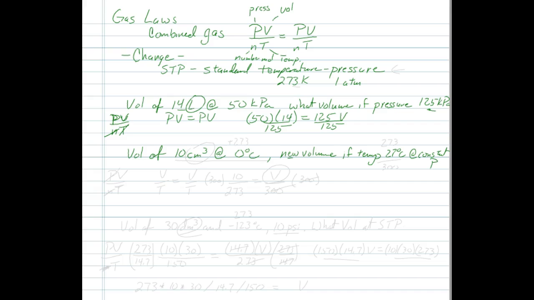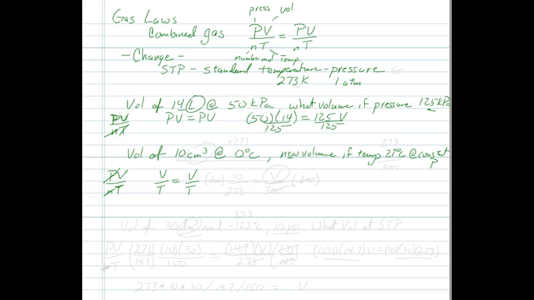Sometimes they'll say constant pressure. PV over NT. Pressure is constant, so we don't have to worry about it. Volume you need, because it's asking for the new volume, and they give you two temperatures. The number of moles is not discussed, but the T you do need to keep. So this is volume over temperature equals volume over temperature.